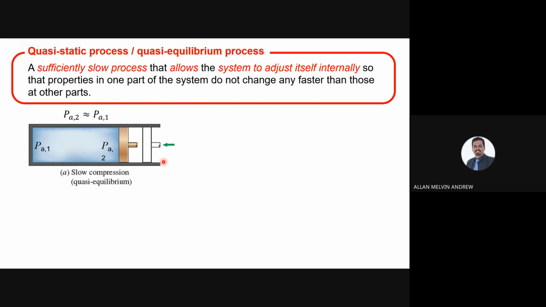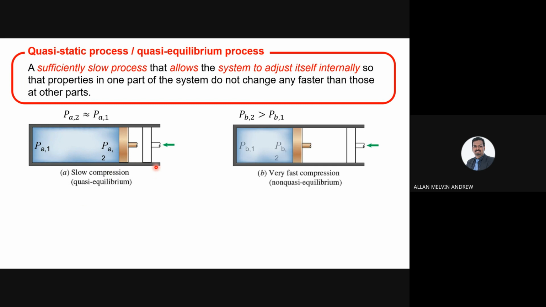It was not possible 20 or 30 years back because the processors were very slow. But now you can do a lot of calculation faster. So if the system can adjust itself internally, and you as an engineer can understand things in a faster way, we consider it quasi equilibrium, and you can do a lot of investigation.